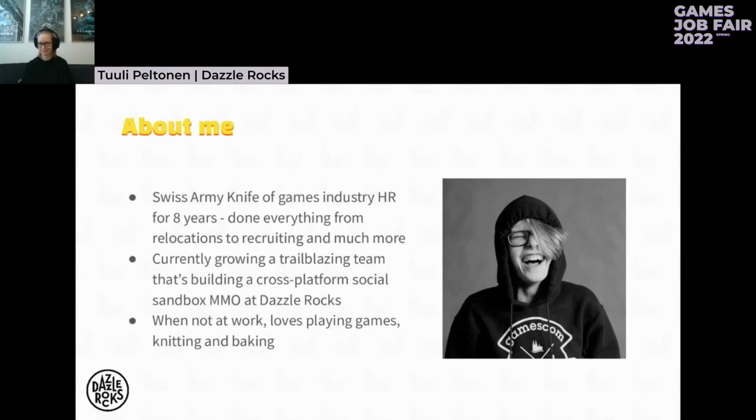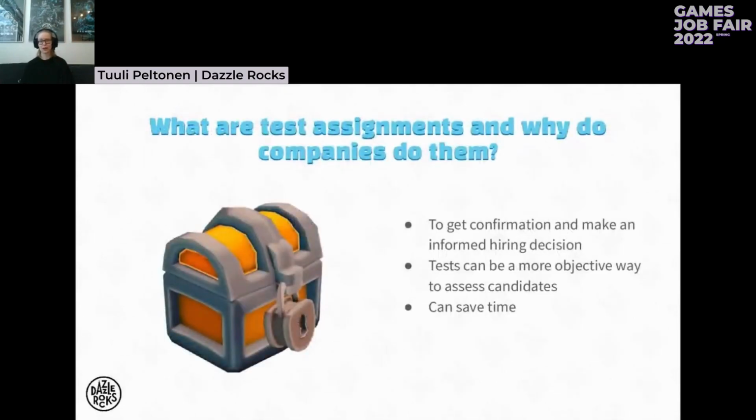But before I go into how to survive a test assignment, it's maybe good to recap what actually are test assignments and why do companies tend to do them in the first place. So basically, test assignments are a way to measure your skills and abilities in order for the company to make a more informed hiring decision.